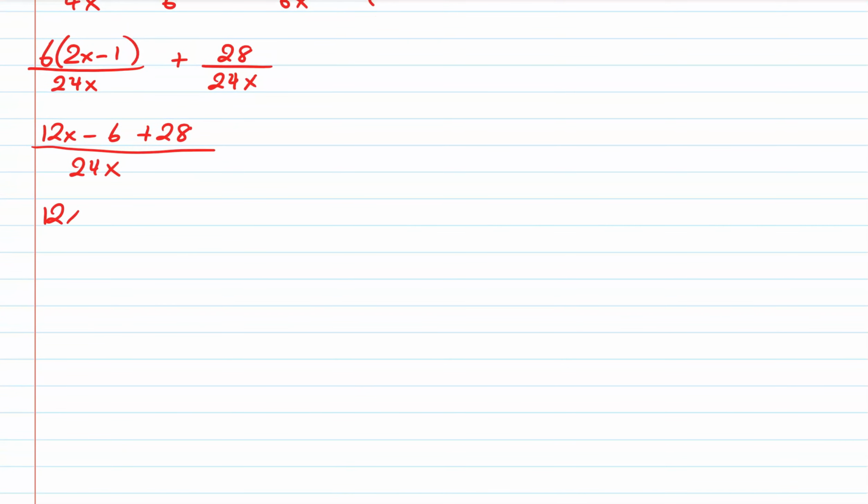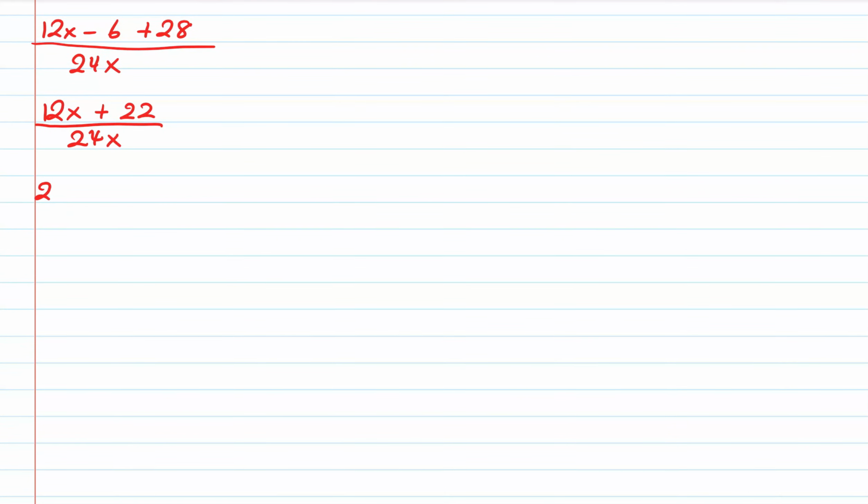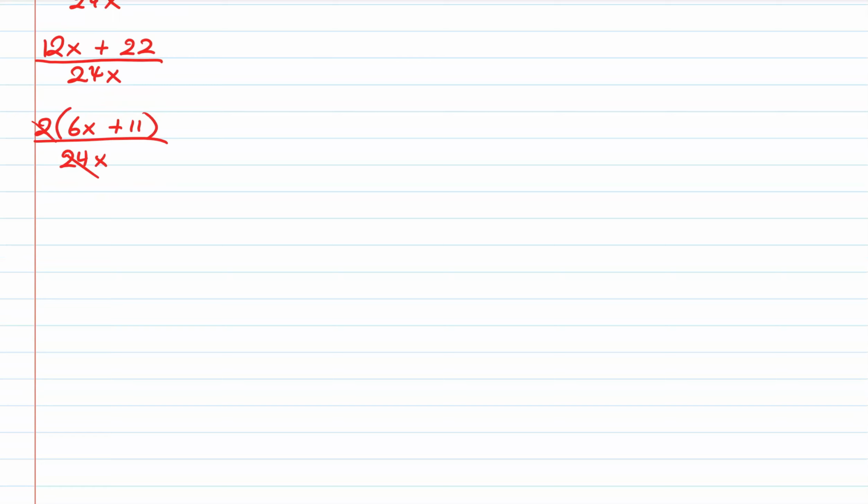So I've got 12x plus 22 over 24x. Now take out a common factor. We can take out 2, so we're left with 6x plus 11 over 24x. I can now simplify the 2 and 24, so I'm going to have 6x plus 11 over 12x. And that's my solution simplified.